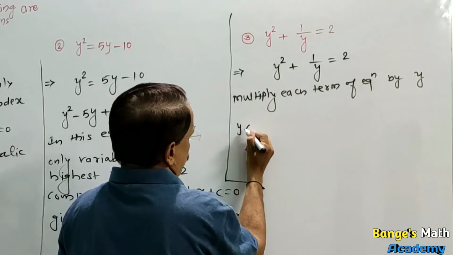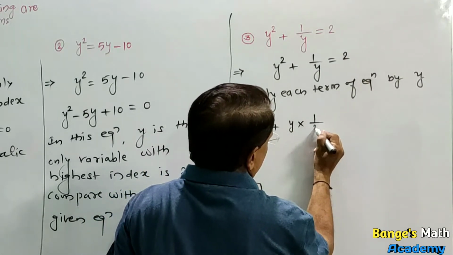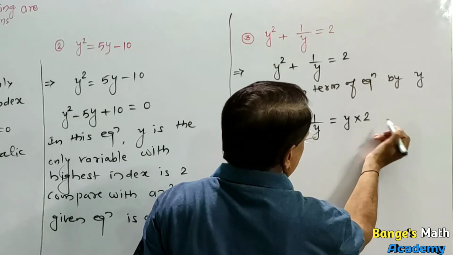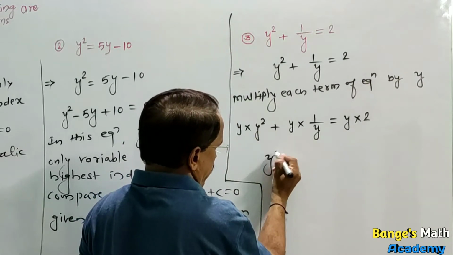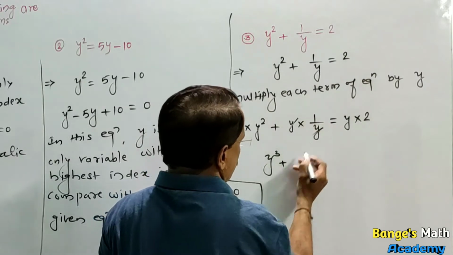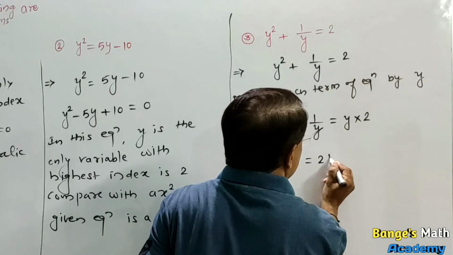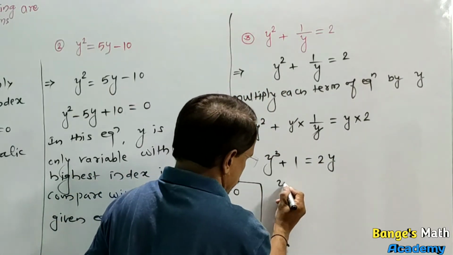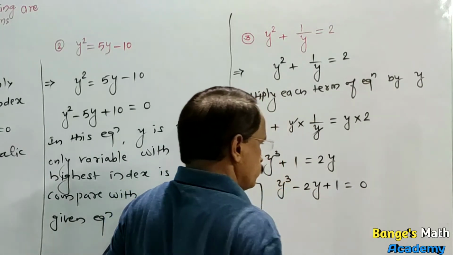So y into y square plus y into 1 upon y is equal to y into 2. Then y into y square is y cube, plus y gets cancelled, so plus 1 is equal to y into 2, which is 2y. Then transfer 2y to the LHS, it becomes y cube minus 2y plus 1 is equal to 0.